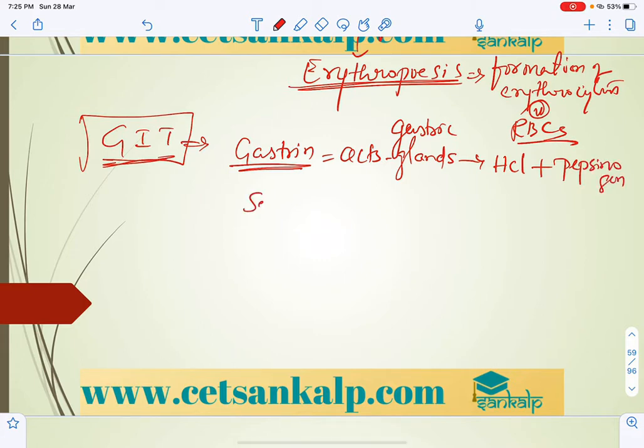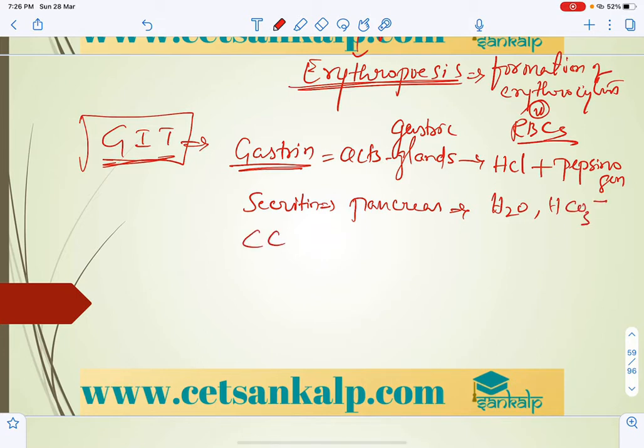Same like that, secretin, which we have already discussed, acts on the pancreas and helps in the secretion of water and bicarbonate ion.